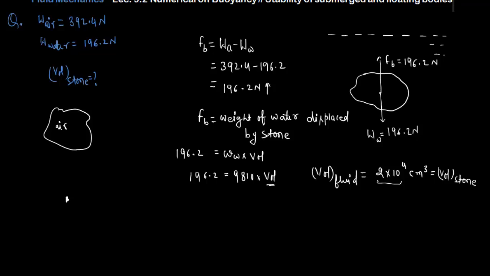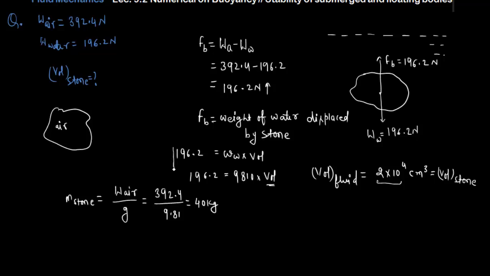The mass of the stone is simply the weight of the stone in air divided by g, since W equals mg. So the mass is 392.4 divided by 9.81, which by calculation equals 40 kg.